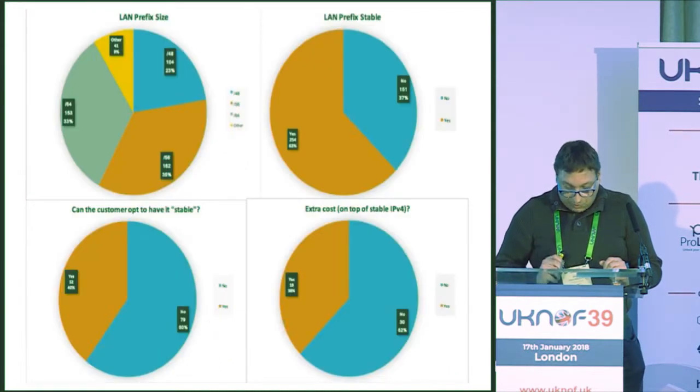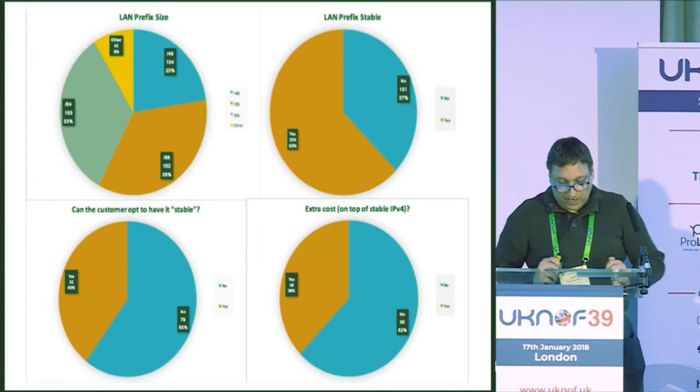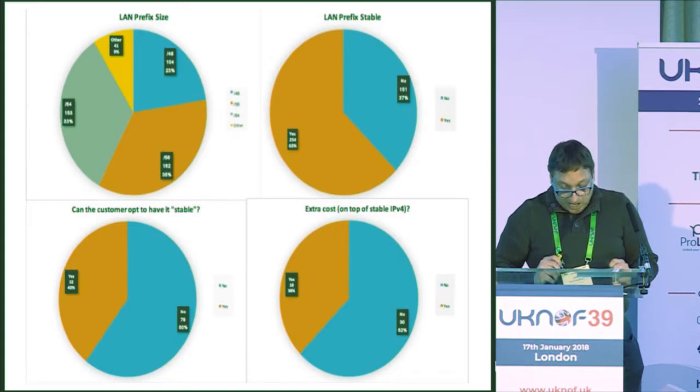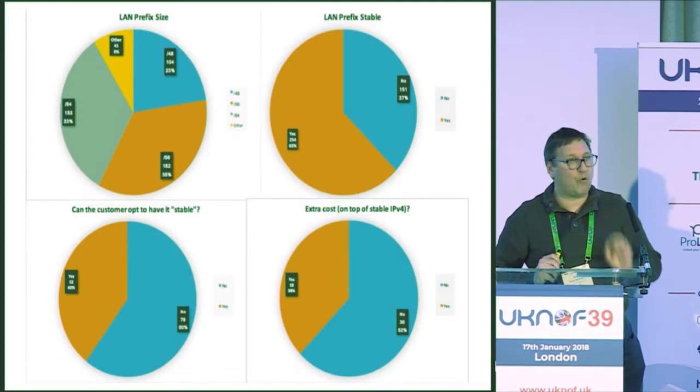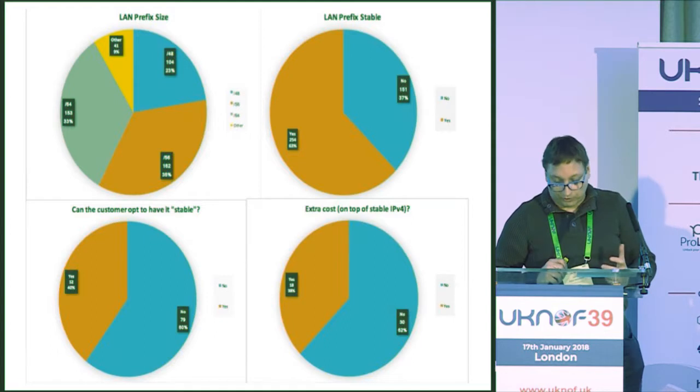For the LAN prefix, the point is that /56 is being used by 35% of the people, and /48 by 23% of the responders. And then we have the big problem: 33% of the people are providing a single /64 to customers. This is probably the worst thing being done in IPv6 deployment, and where we must focus our effort.